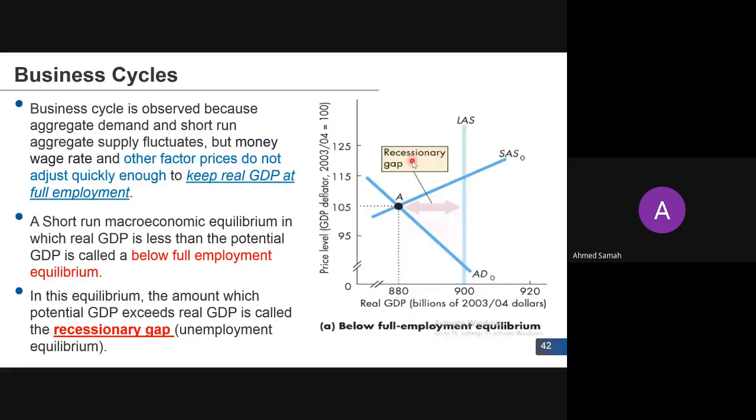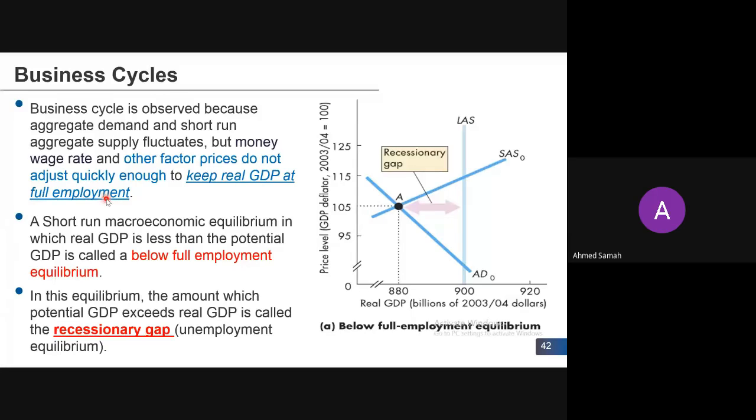So in the business cycle we observe how the aggregate demand curve fluctuates around the potential level, the potential GDP. The business cycle is observed because aggregate demand and short-run aggregate supply fluctuate, but money wages and other factors do not adjust quickly enough to keep real GDP at the full employment level.